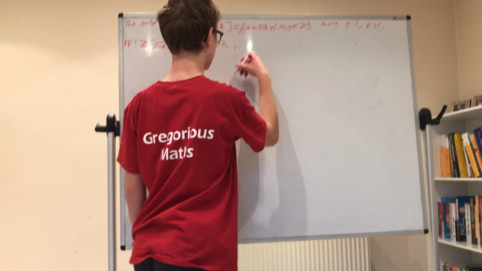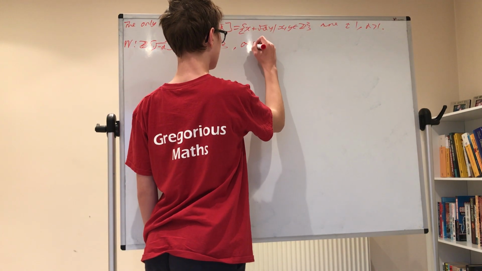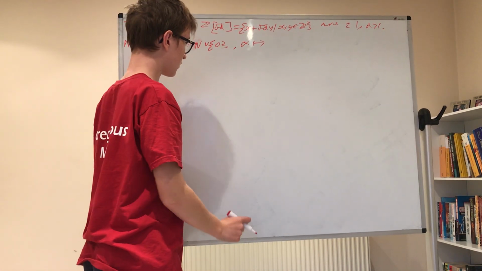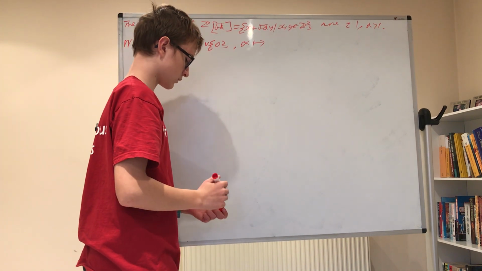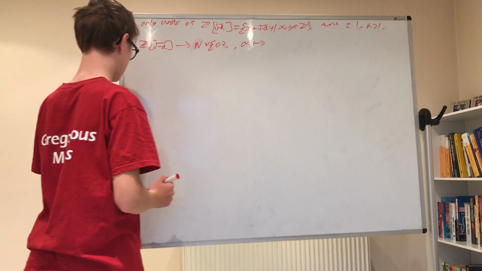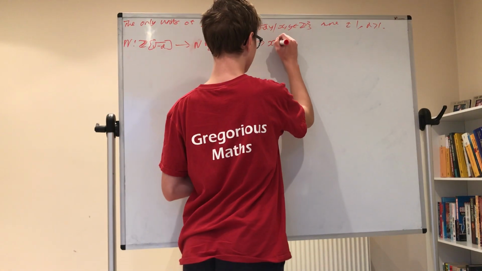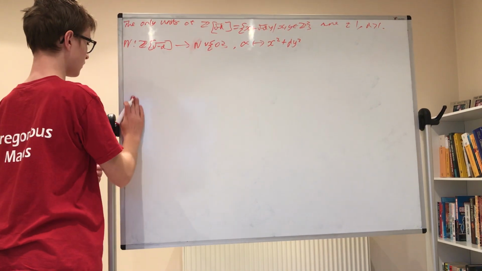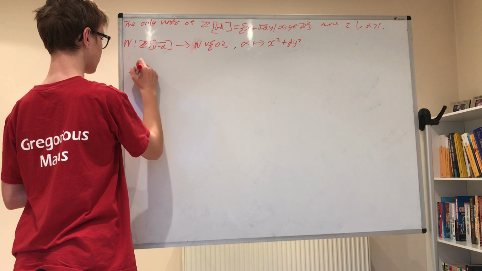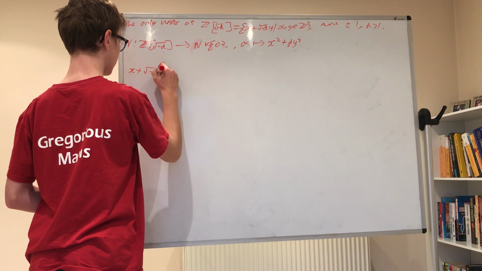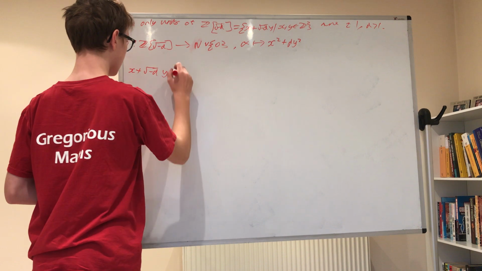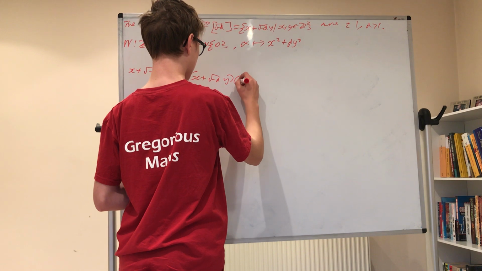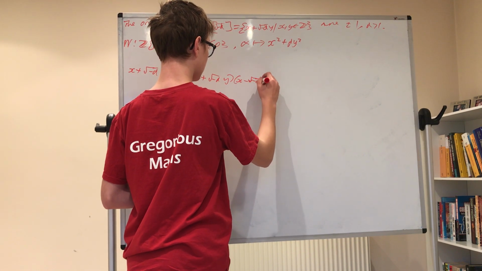Alright, which maps alpha, so an element of this, it maps it to, what should we do it as? x squared plus d y squared, because it will take in x plus square root of negative d times y, and it will map that to x plus square root of negative d y times x minus square root of negative d y.